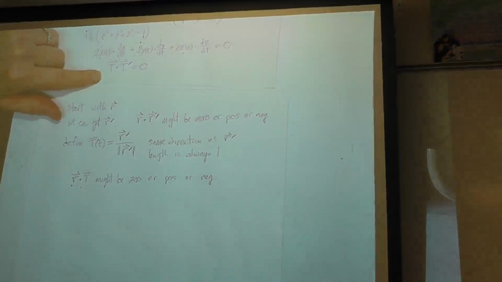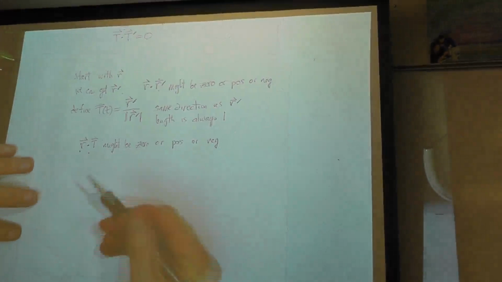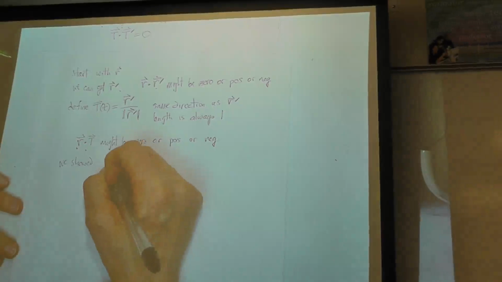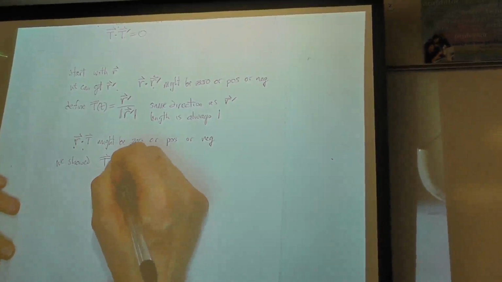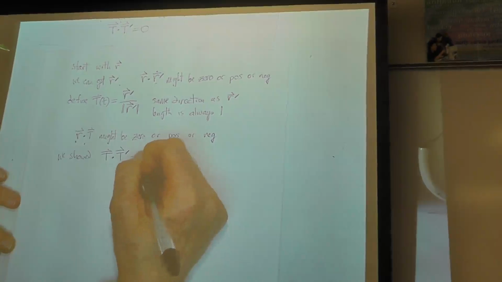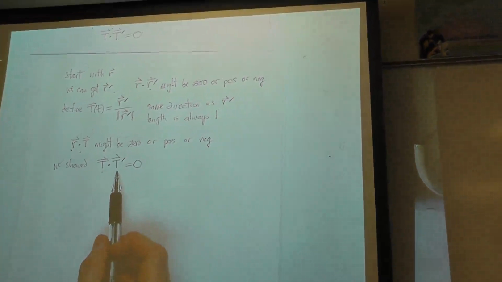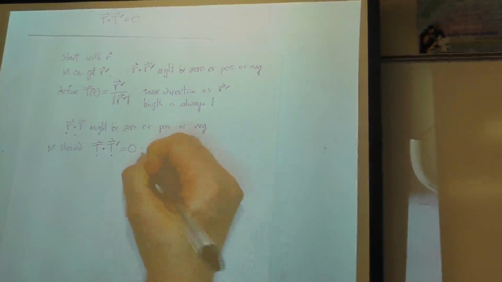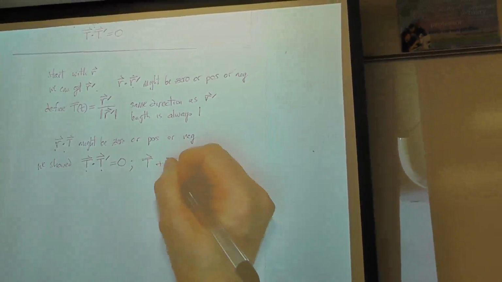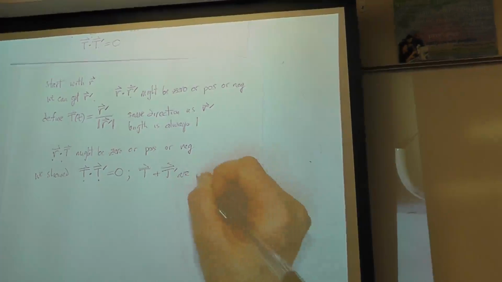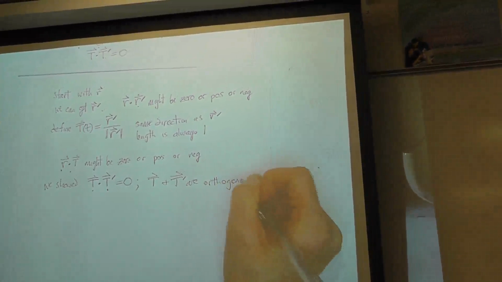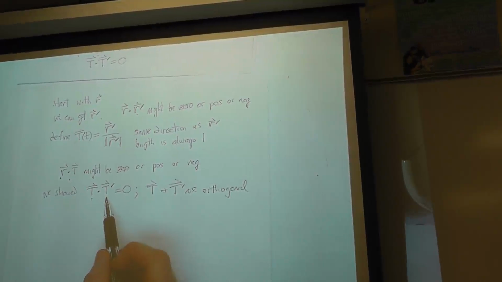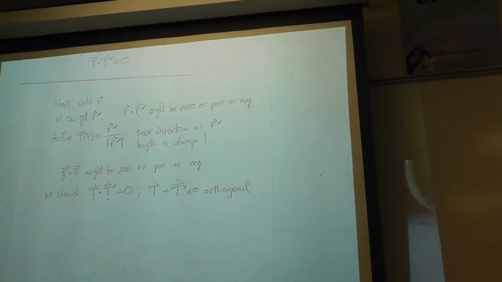T is a multiple of R prime. So we showed, or I showed, T dotted with the derivative of T is equal to 0. These two guys are orthogonal. What's the length of T prime? Well, I don't know. Not necessarily 1.